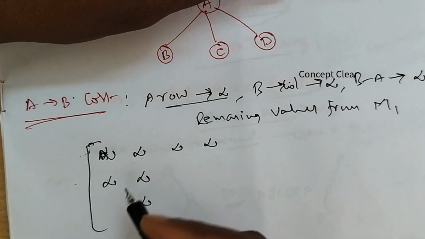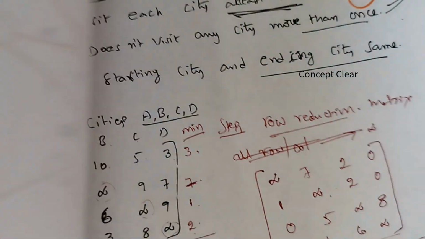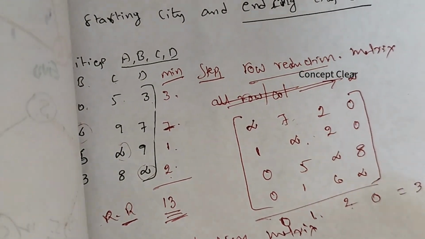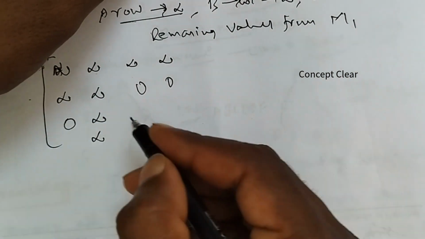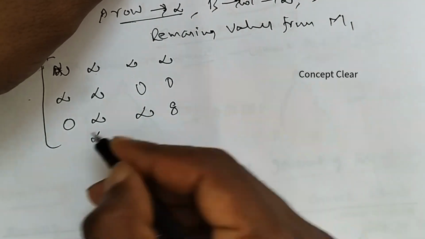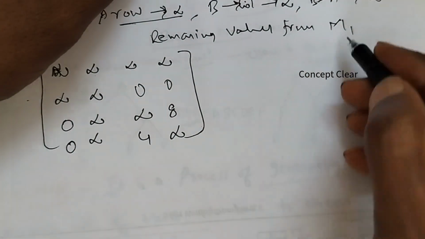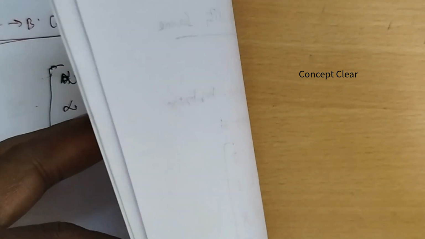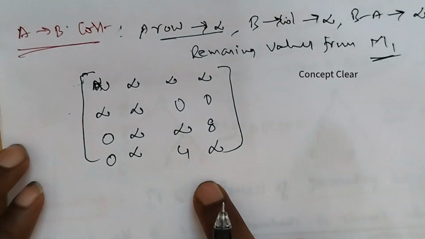The remaining values are from M1. If you are taking M1, what is the value here? 0, 0, here 0, here infinity, here 8, here also 0, here 4, and infinity. After taking from M1, we got these values. See here, this is the A to B matrix.